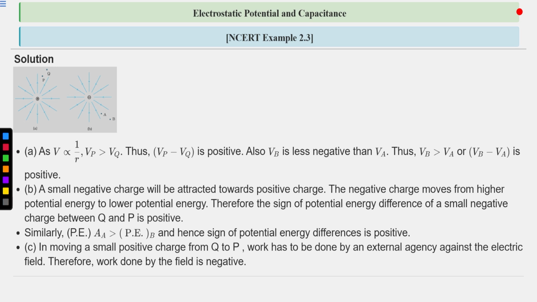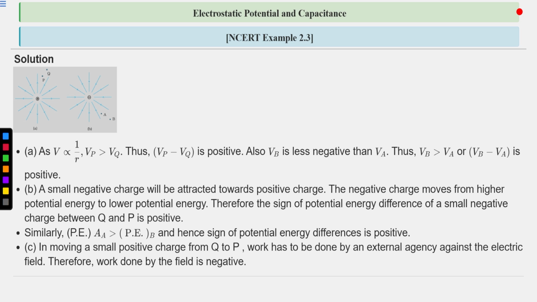If I place a negative charge here, it will attract it towards itself. We don't have to apply any force. So then potential energy decreases and the work is done by this positive charge. Work is done by the conservative forces. We are not doing any work. If there is a positive charge, then moving it from Q to P, we have to do the work against the electrostatic force.